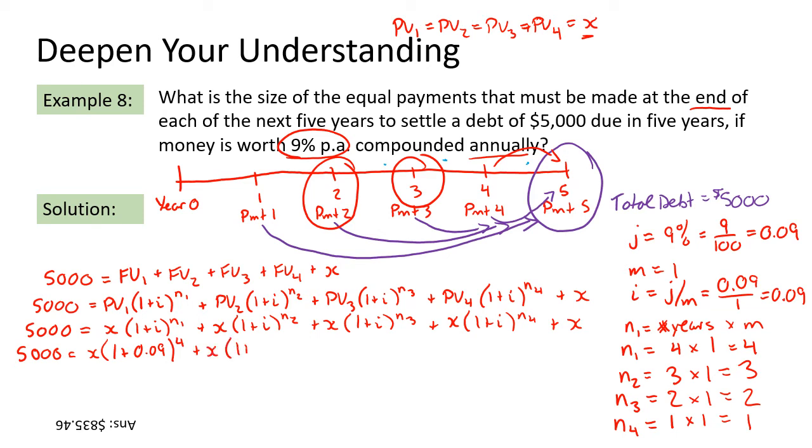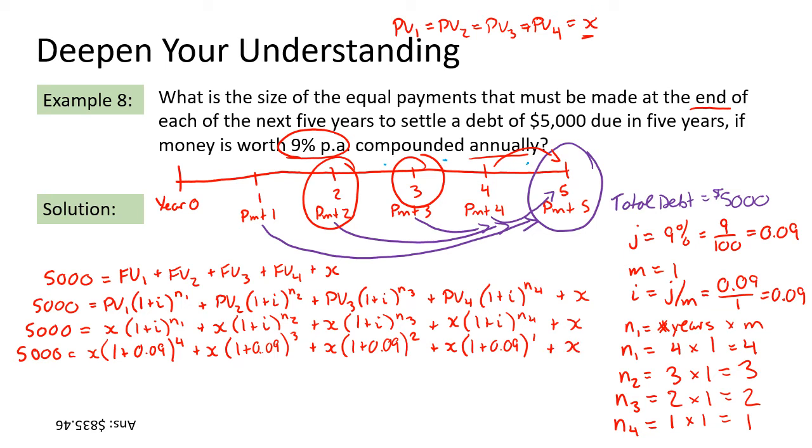Plus x times 1 plus 0.09 again, and n2 was equal to 3. Plus x times 1 plus 0.09 again, and n3, remember, was 2. Plus x times 1 plus 0.09, and that is also the exponent 1 for the fourth payment. And then the last term is just x.